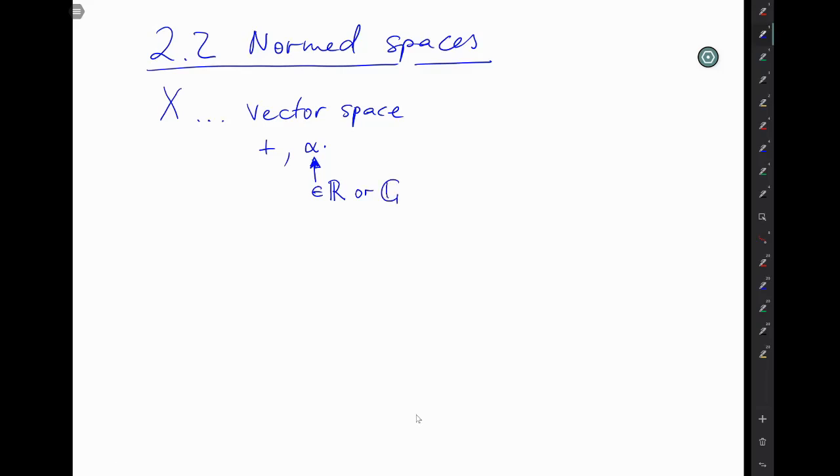So alpha is a real or complex number, and we can multiply vectors by them. In a vector space you have things like a zero element. You don't have that in the set of cities of Germany. The zero element is the one that under addition doesn't change anything, so it's the neutral element of addition.